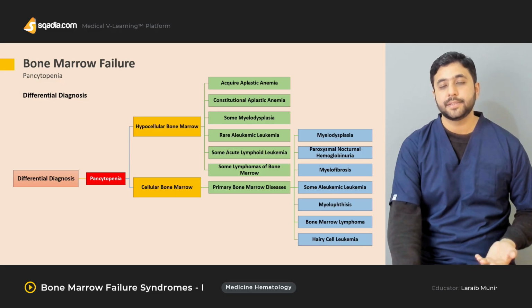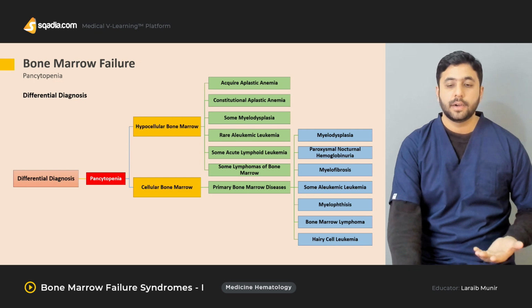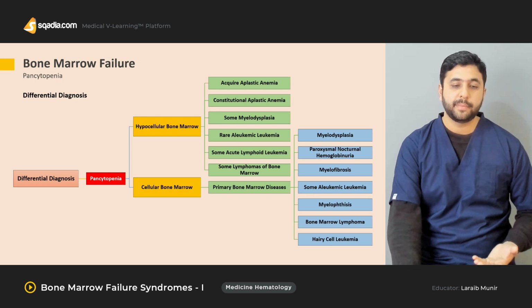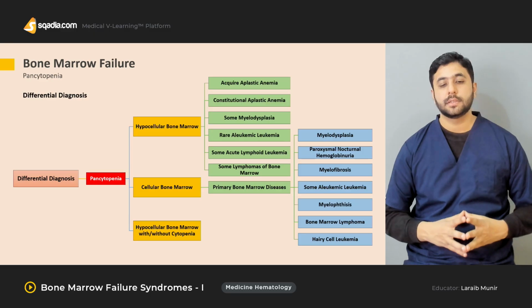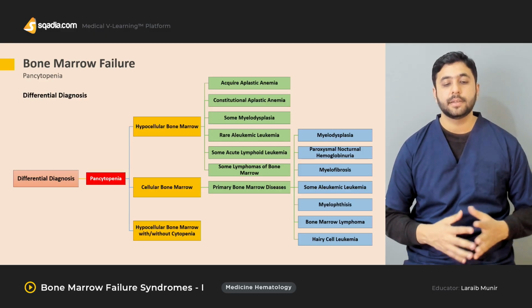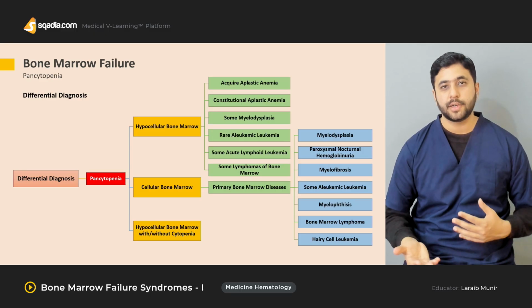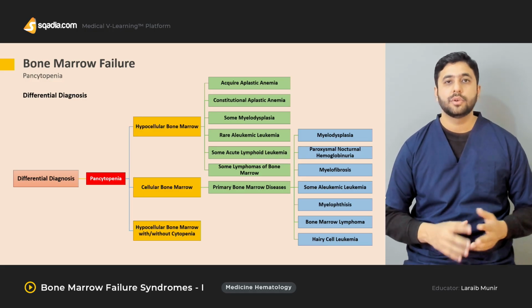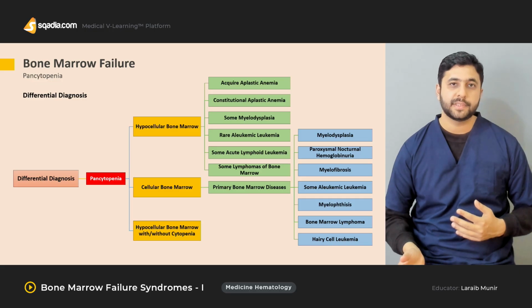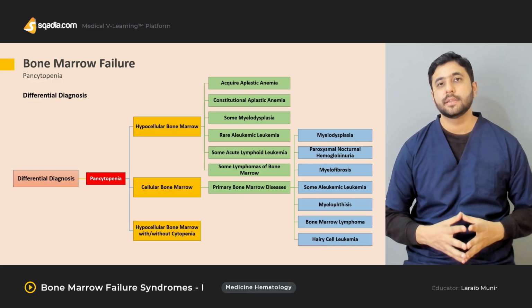And then hairy cell leukemia, which is caused by the HTLV virus, is also a primary bone marrow disease, and it also presents with pancytopenia. Now, in certain patients, the bone marrow is hypocellular, but the patient may or may not have cytopenias. So it can involve one cell lineage rather than affecting all the cell lineages.